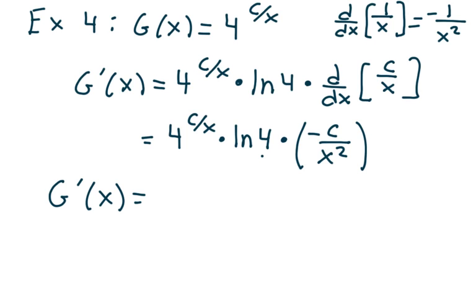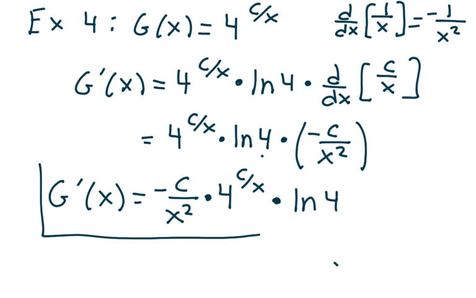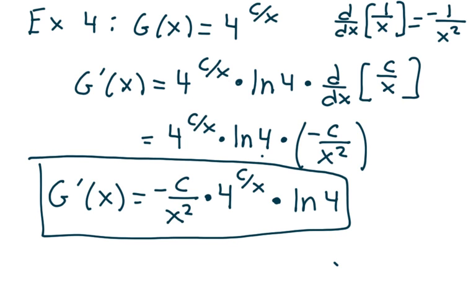And so g prime of x is negative c over x squared times 4 to the c over x times natural log of 4. And that's how you do that example.